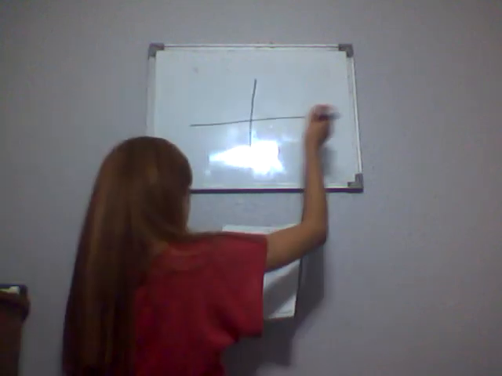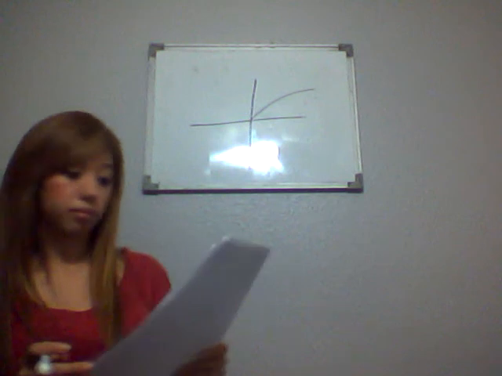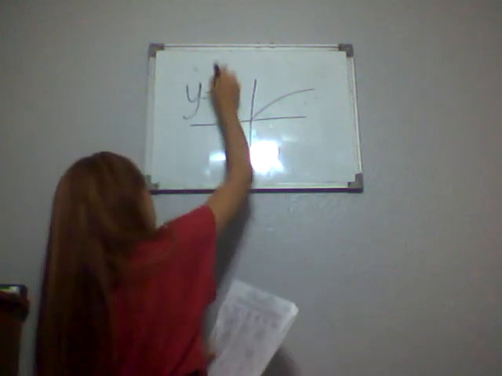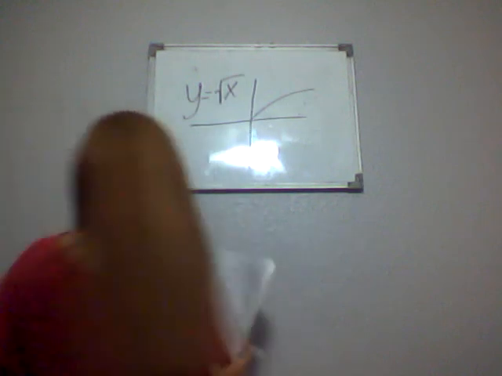On the next graph, it gives you this right here. What is the equation? That's correct. y equals radical x. And that's what you're going to place in your calculator.